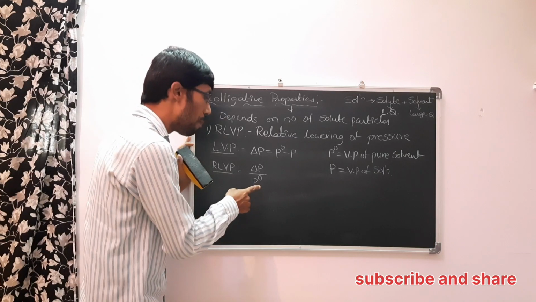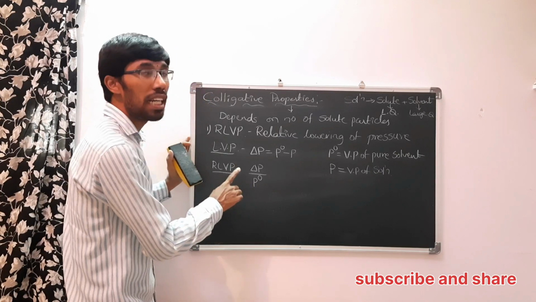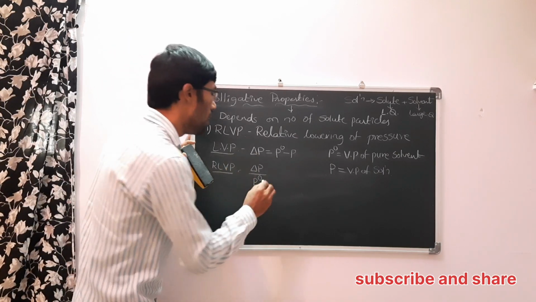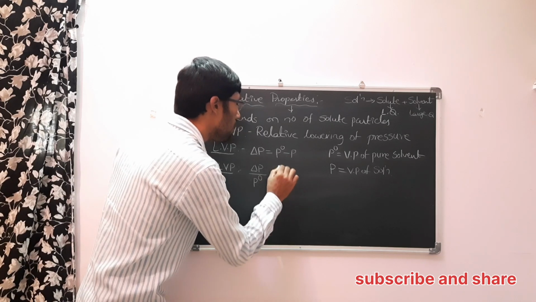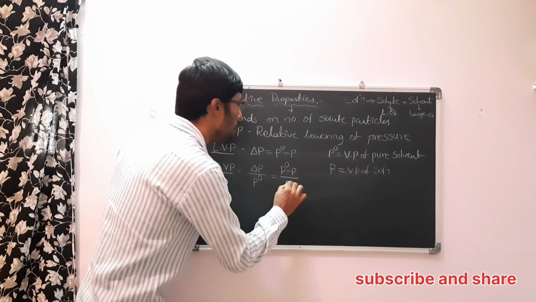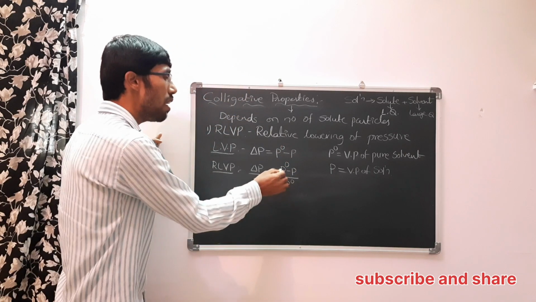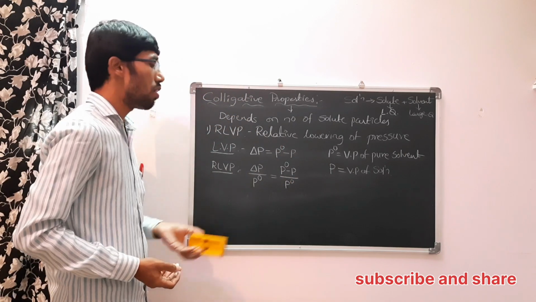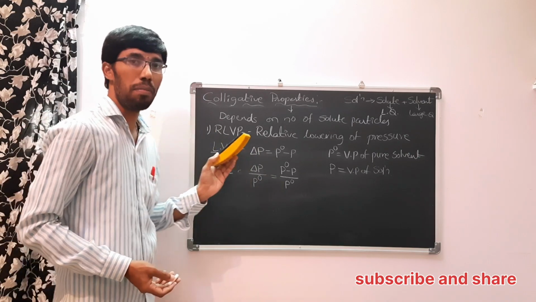So from the equation we write (P0 minus P) by P0. That is the relative lowering of vapor pressure.